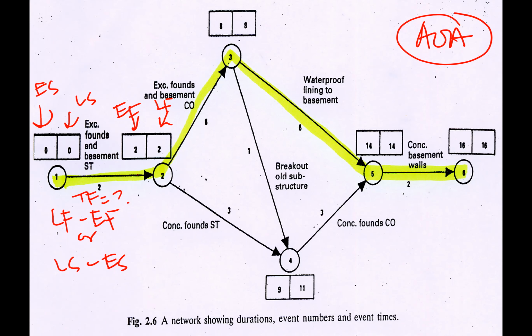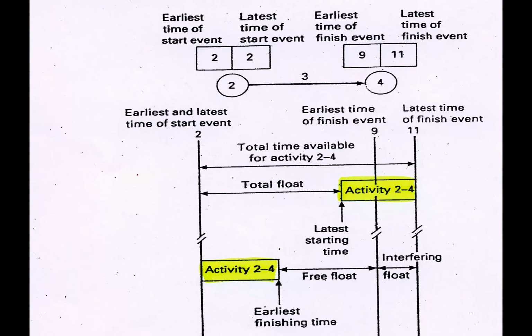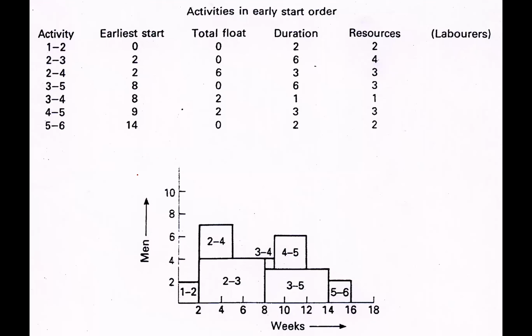So you can get those values, and then what you can do is try to plot, try to do the table. This is like table one, based on early start. You see the early start date, and for those which have a similar start date, the determining factor is the total float.